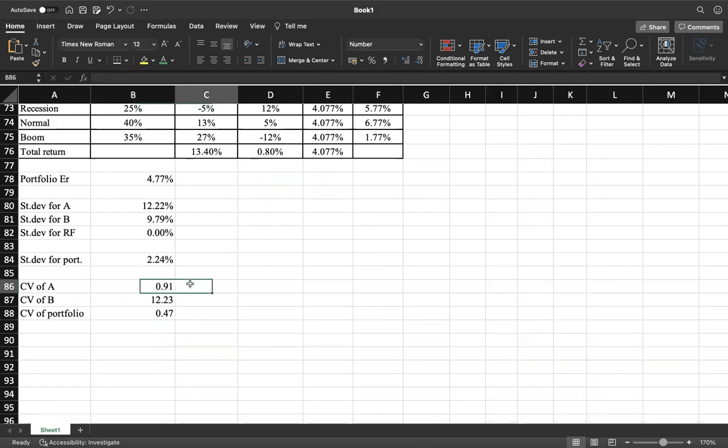Coefficient of variation of A is 0.91. Which means for each unit of return, you are facing 0.91 units of risk.